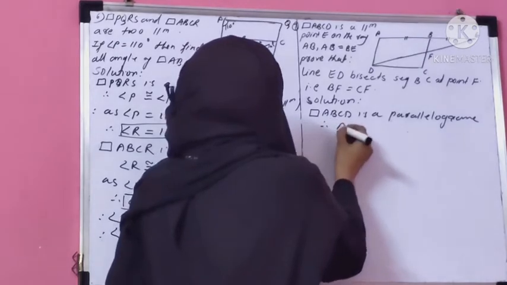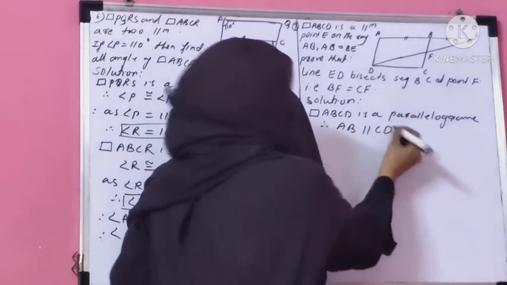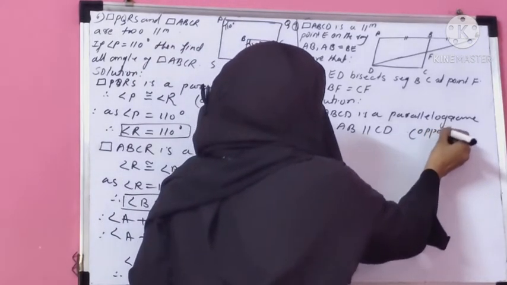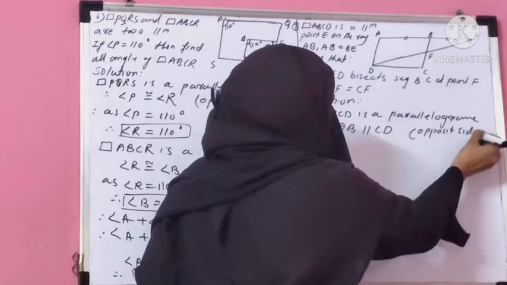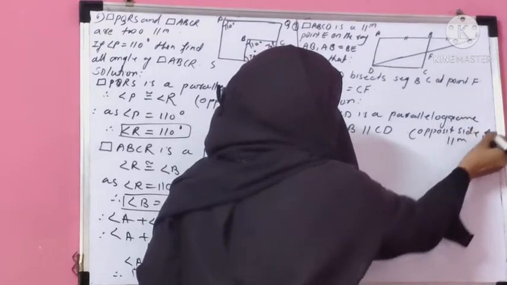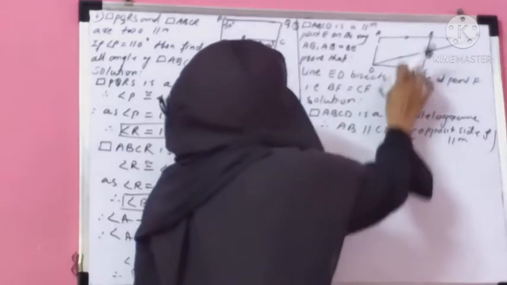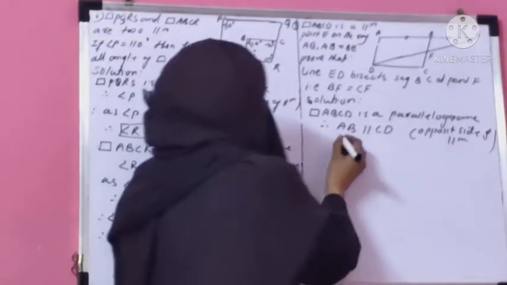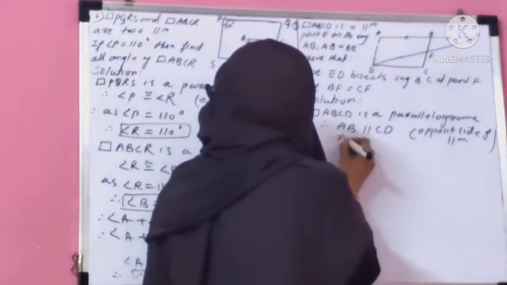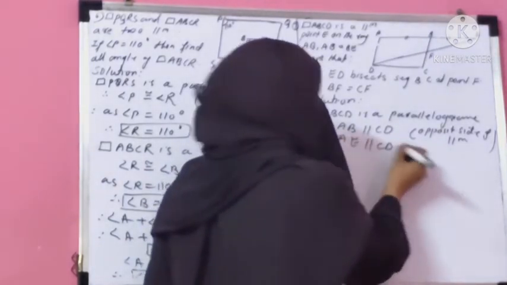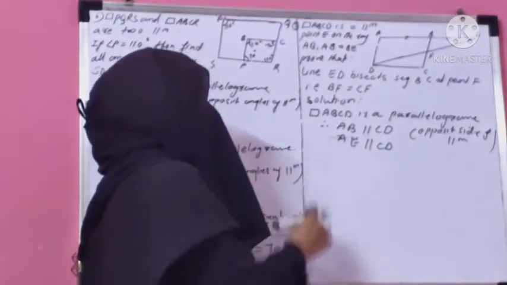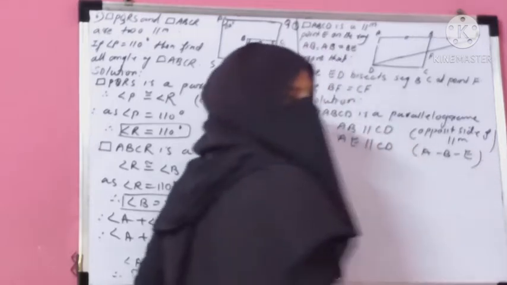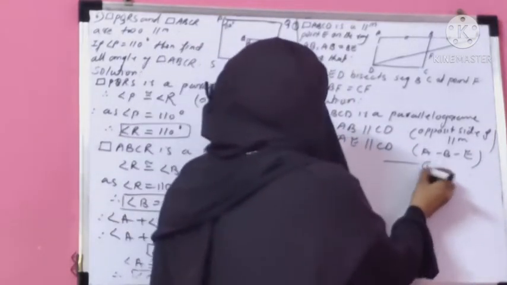So therefore, AB is parallel to CD. Then point E lies on this same line, so you can say that AE is also parallel to CD, because points A, B, E lie on the same line. Give it number 1.